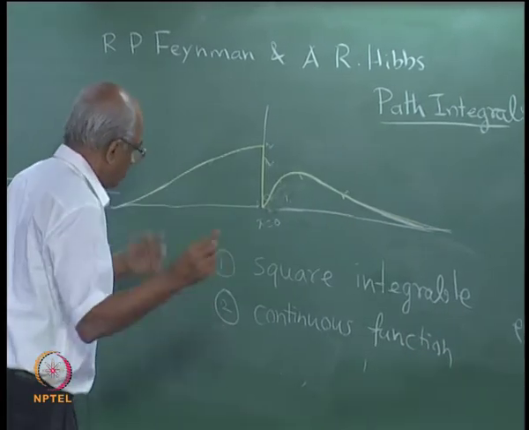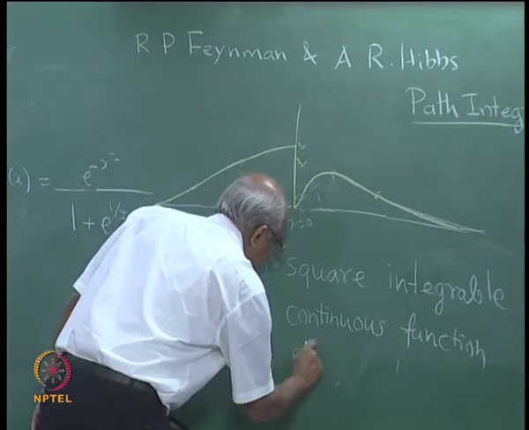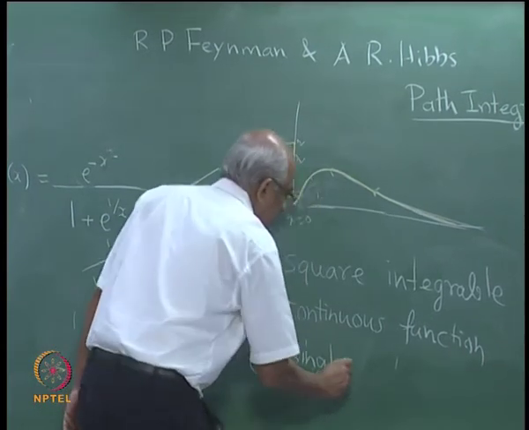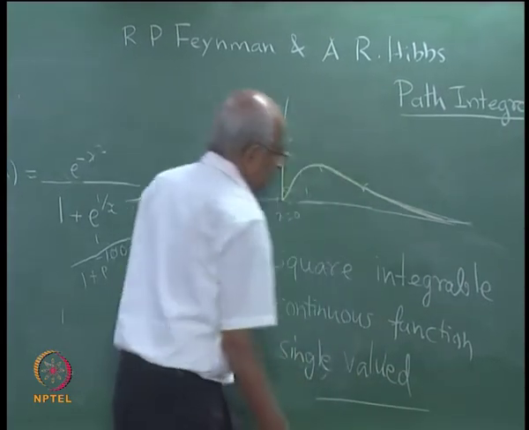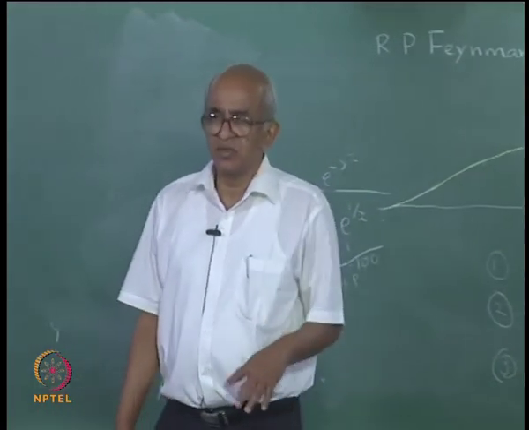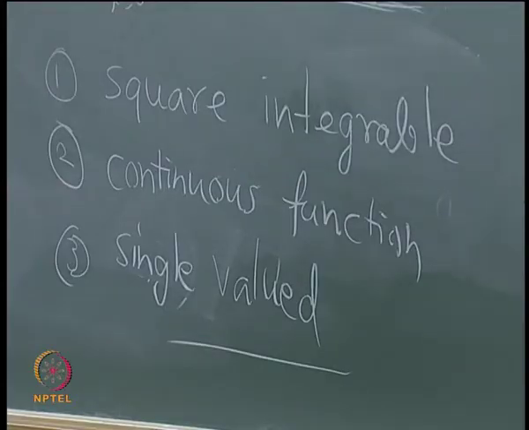Actually, there are three conditions, not two. The third being, it has to be single valued, at any point it can have only one value. So, these three conditions have to be satisfied by any wave function which is acceptable.